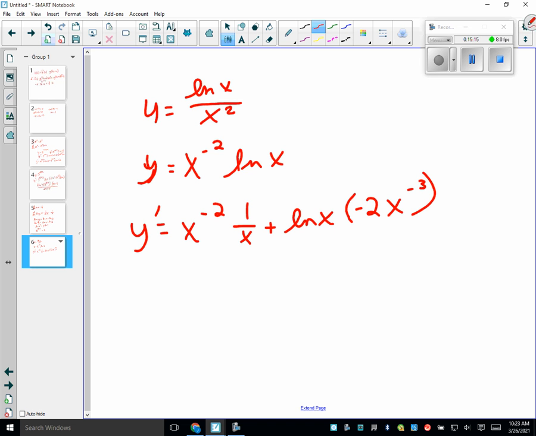So to clean this up, is this 1 over x cubed plus 2 ln of x over x cubed? Is it a negative? Oh, yes, plus one minus. Does that make sense to you? I could have written this as one fraction.